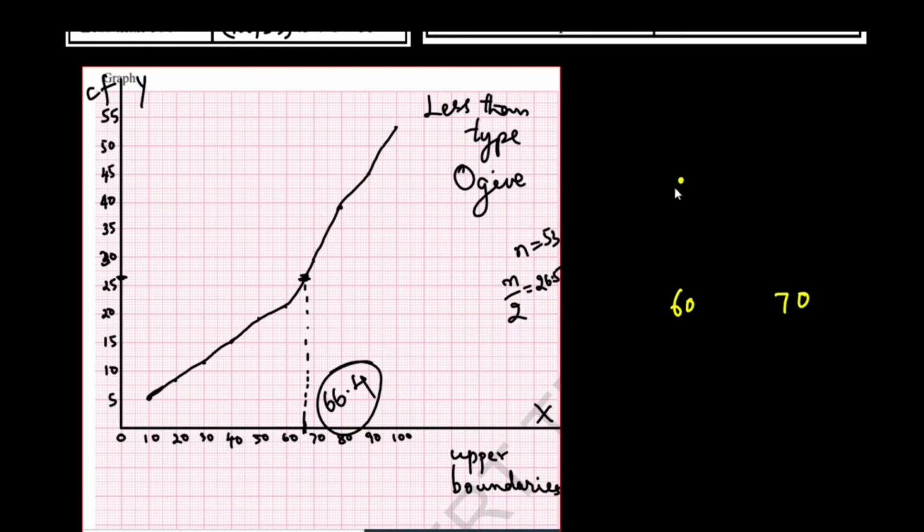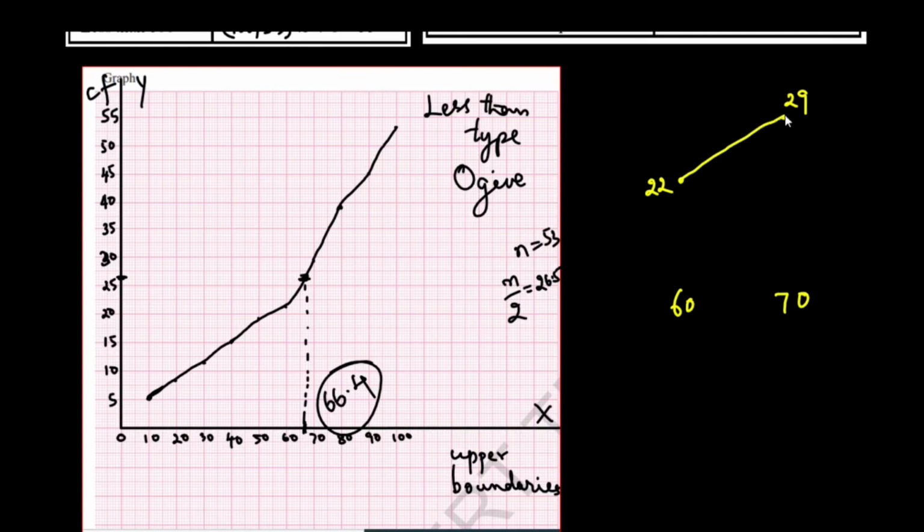Using the formula, we have cumulative frequency for 60 as 22 and for 70 as 29. In finding the median value using the formula, we are assuming that the frequency is linear from 22 to 29, a straight line.